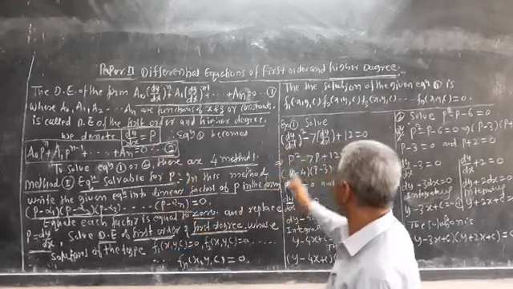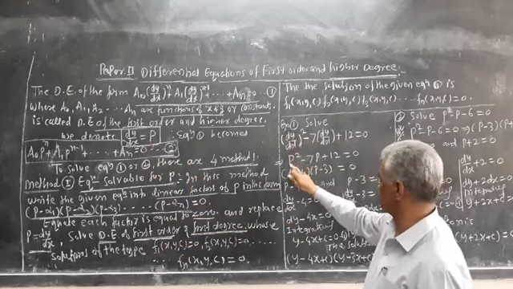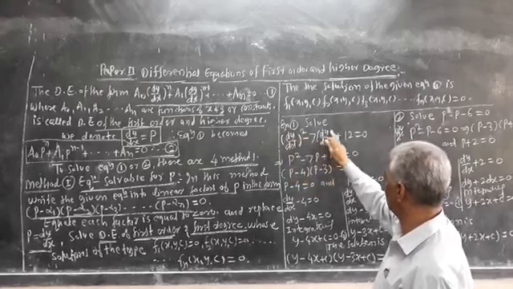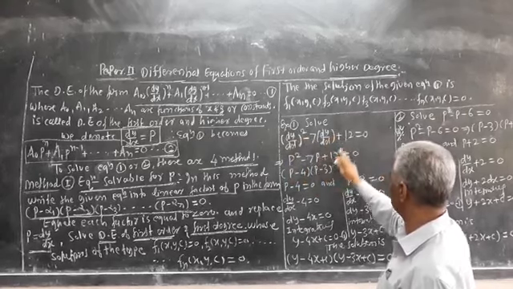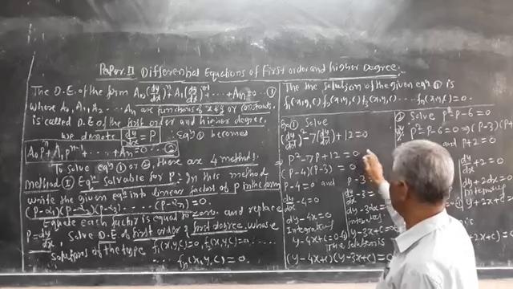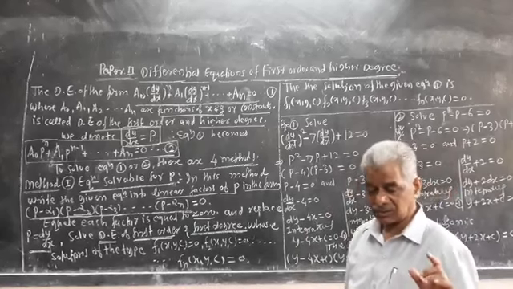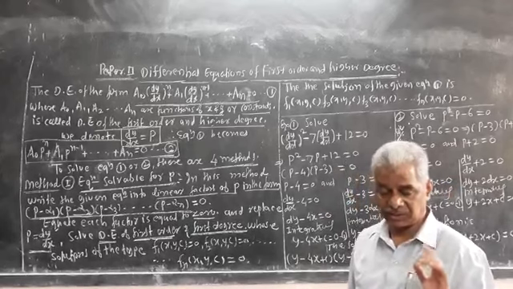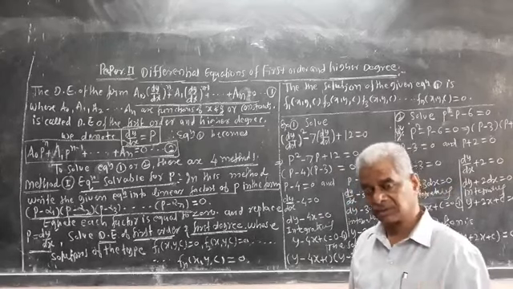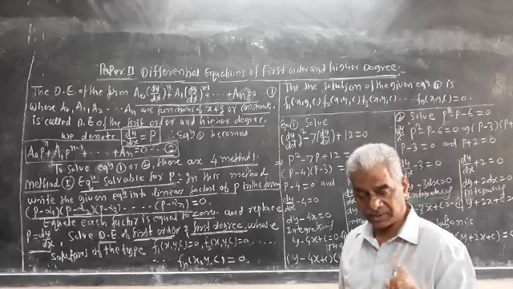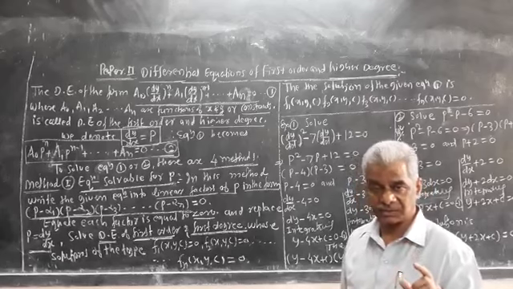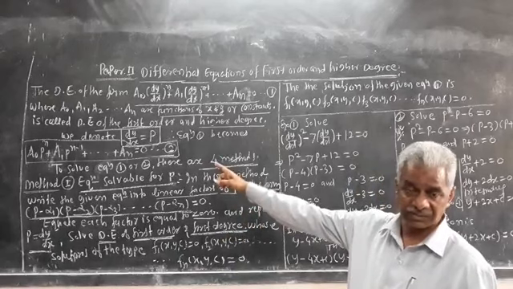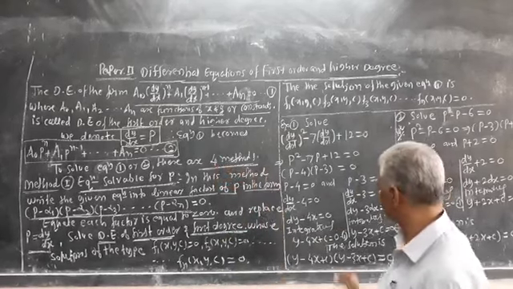Hence dy by dx is p: p square minus 7 into p plus 10 is equal to 0. In general, the very first step is that if the equation is in terms of dy by dx, first we convert it in terms of p with the help of that standard notation.